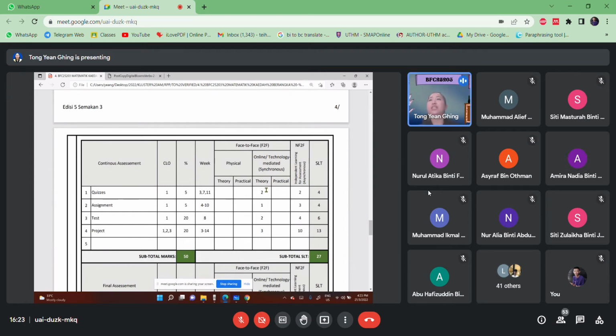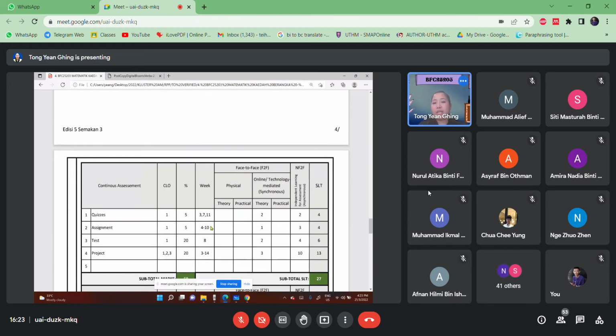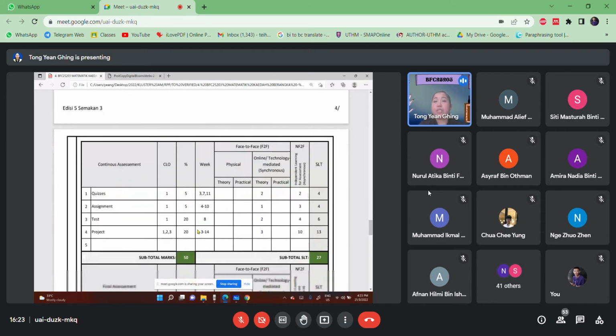Is it the majority? The majority want more, maybe 3 or 4 quizzes, depending, and then we take the highest mark. And it can become part of your exercise as well. When you have more quizzes, that means you do more exercises. So probably I will choose the highest out of 3.